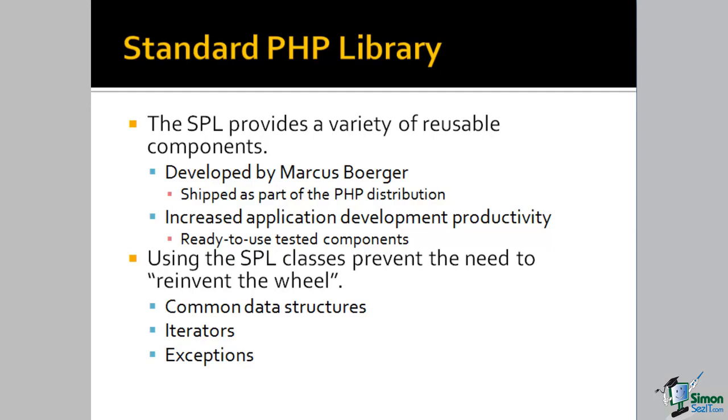A very robust exception hierarchy is also provided in the SPL, from which we can build an extensive application error handling system. And finally, a library of iterators that we can use in our application and interfaces for iterators so that we can create our own iteration objects.